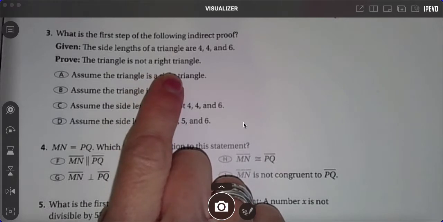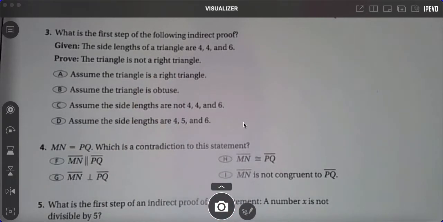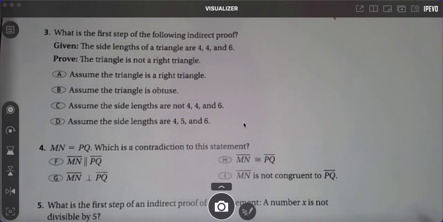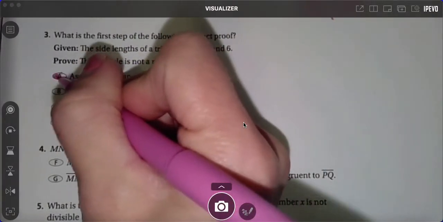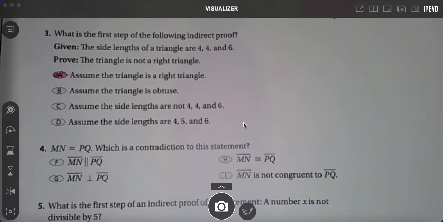So we start with: assume that the triangle is a right triangle. A word that we've learned is negate it. You make the opposite of it. It's A: assume temporarily that it is a right triangle. Why does it not say temporarily? I don't know, it's supposed to. But I didn't make this.